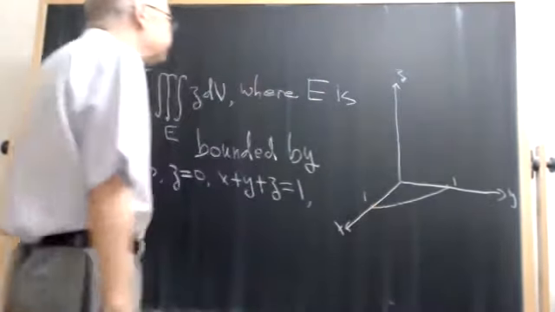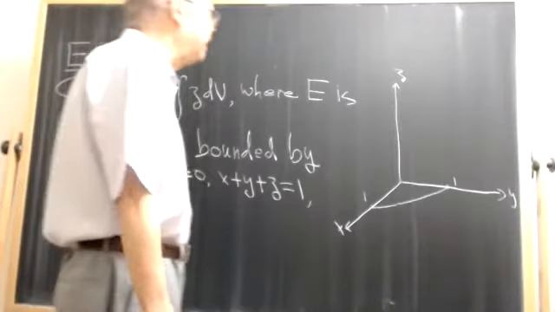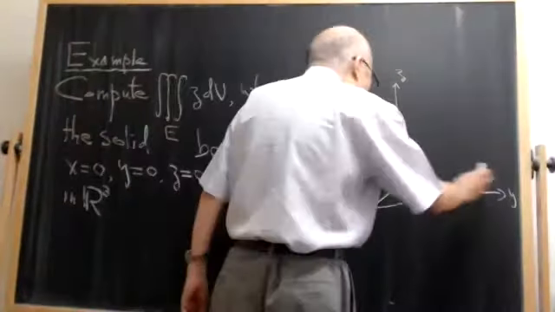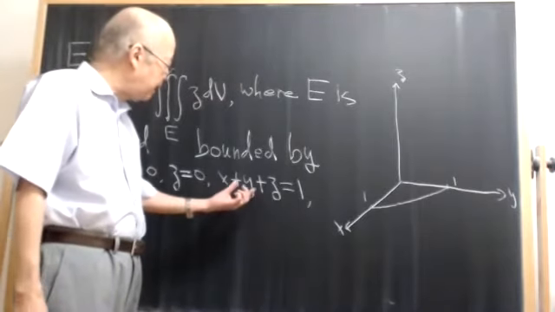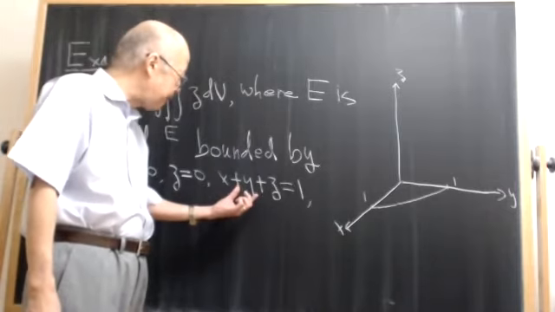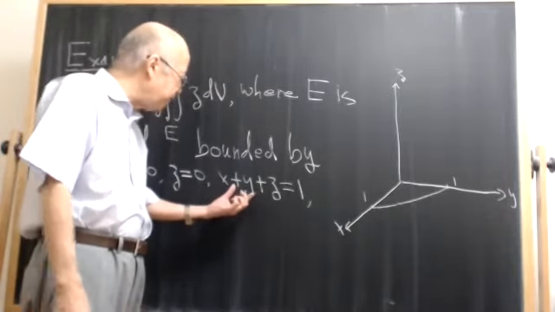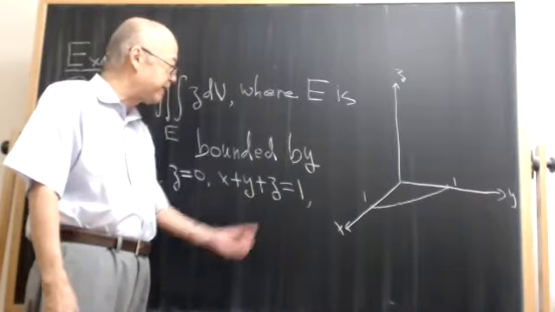Now, when y is equal to 0, we are on the x-z plane, and we have the line given by x plus z equal 1.